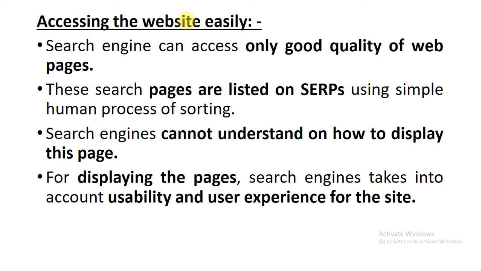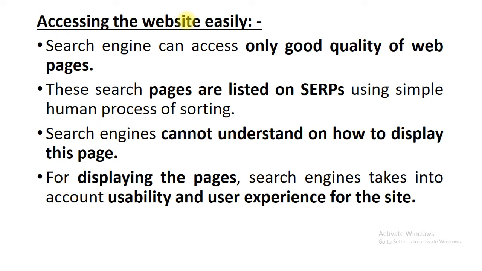We people generally sort the pages which are available on the internet, or in normal life also we sort some things or some pages, and we give priority to each and every page, right?